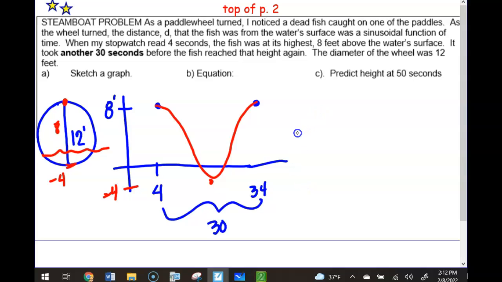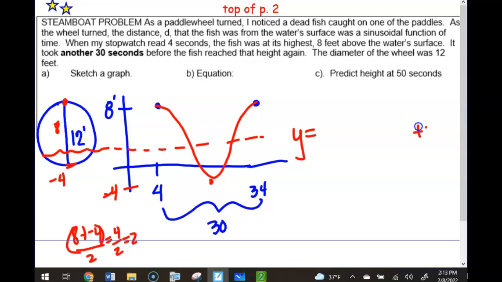Okay, I'm going to jump to the equation because I'm going to run out of time. If I average 8 and -4, I get 4 divided by 2 is 2. The midline is at +2. So I have a +2 on the back. What's the amplitude? 6 above and 6 below. It should also be the radius.